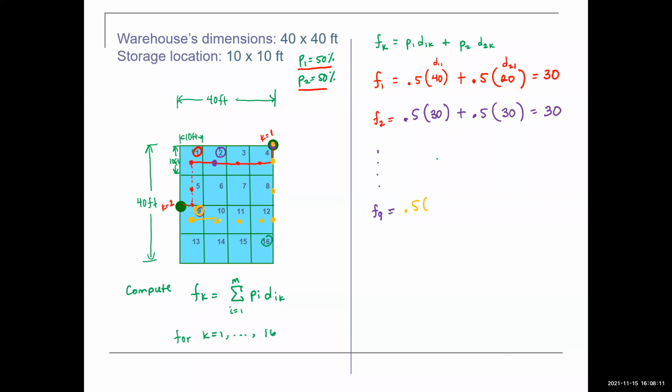So 10, 20, 30, 35, 45, 55, so 50 or 60. 10, 20, 30, 35, 40, 45, 50, 55, or 60.